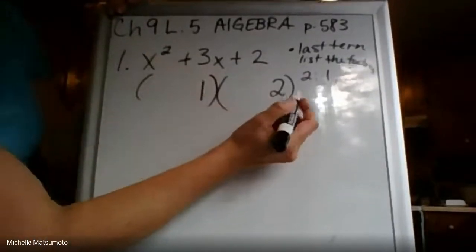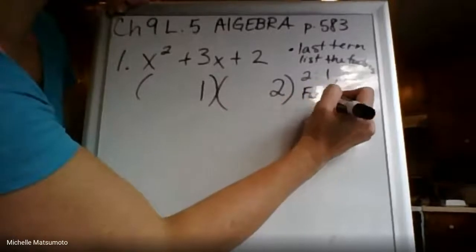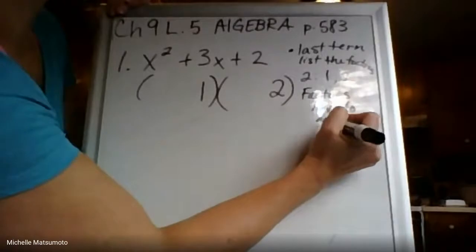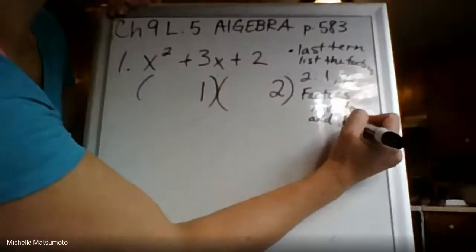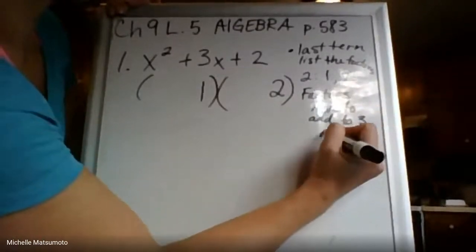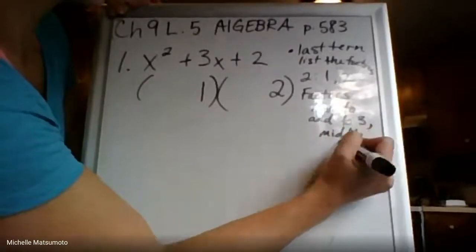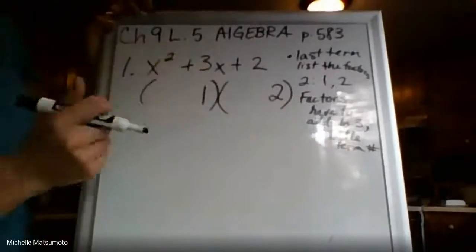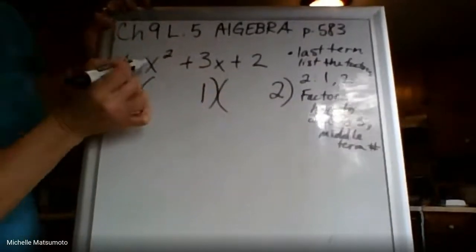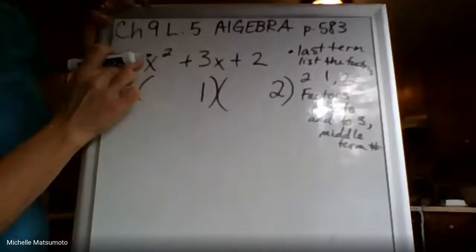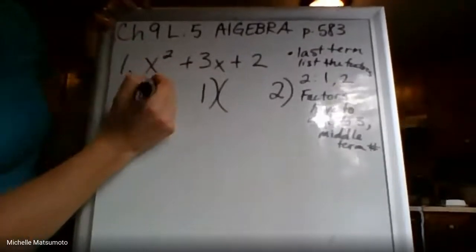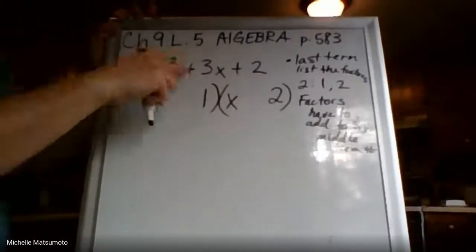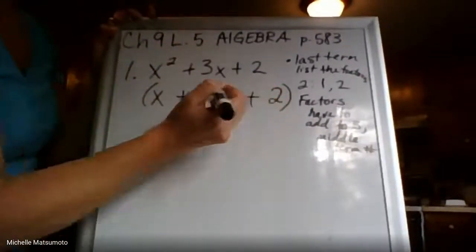So these factors have to add to 3, which is the middle term number, the coefficient there. Then we know that if we factor out the x squared, we can put this here and here. And because they're both positive, we can do that.